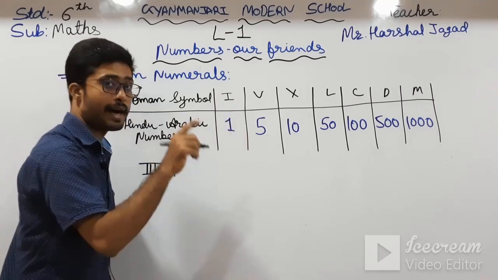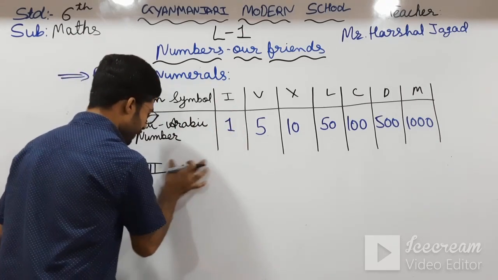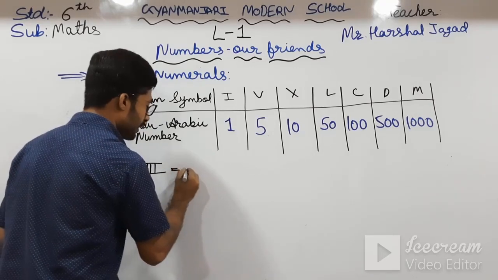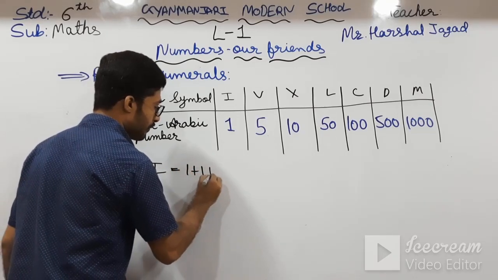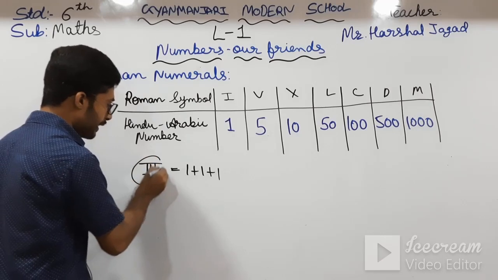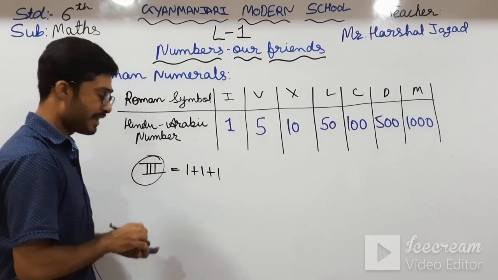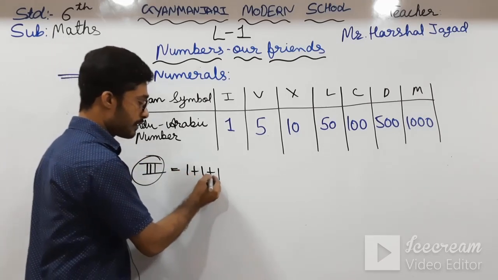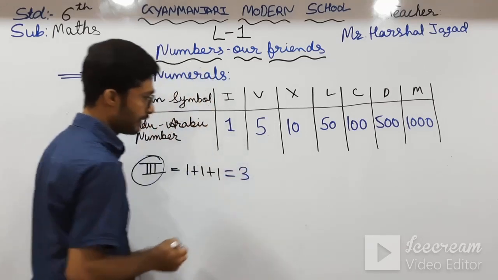Then what is the value of I? That is 1. So its value will be 1 plus 1 plus 1, because I have repeated I 3 times, that is 3.